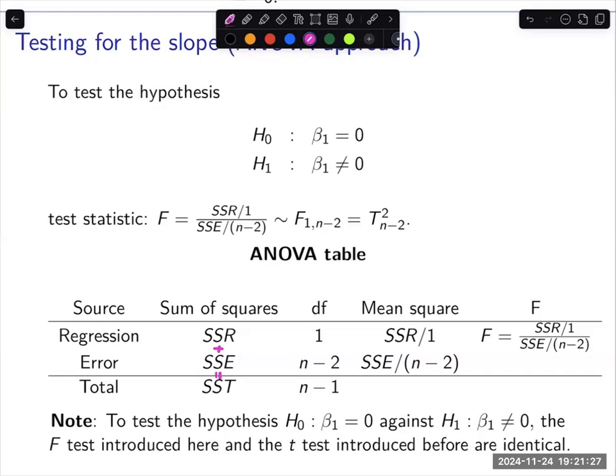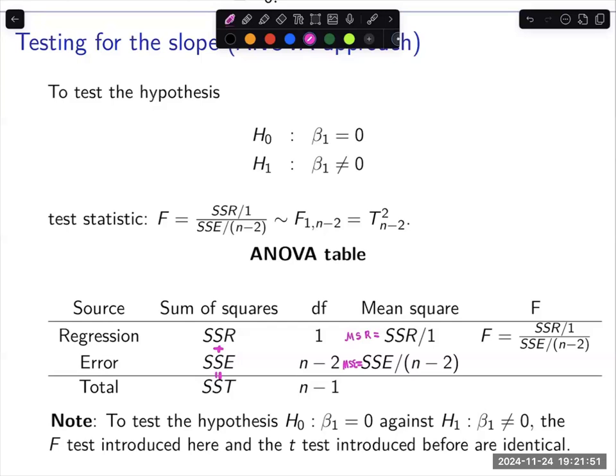By taking the ratio of the mean squares, SSR divided by 1 and SSE divided by n minus 2, we call the first MSR and the second MSE.